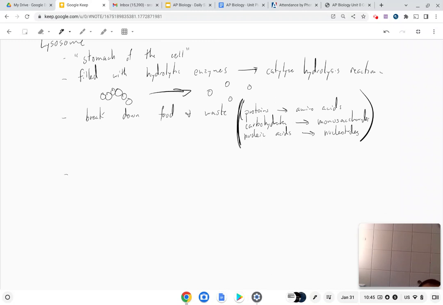So the inside is very acidic, which means that you've got a low pH, right? And the enzymes only function at those low pHs.